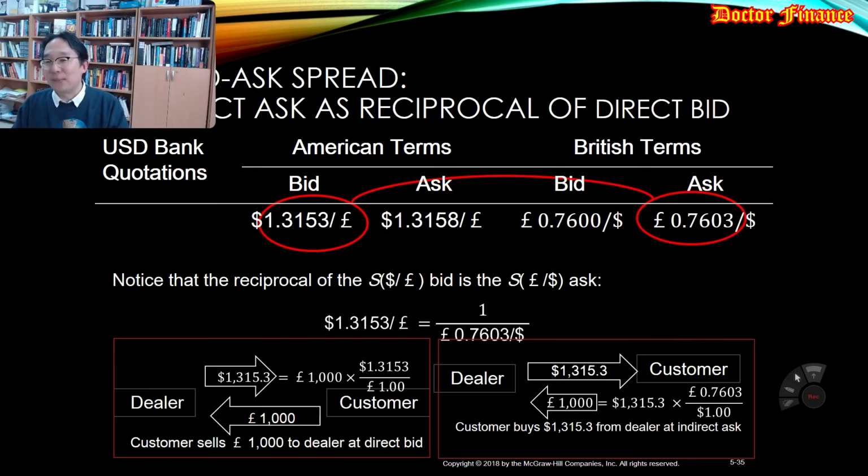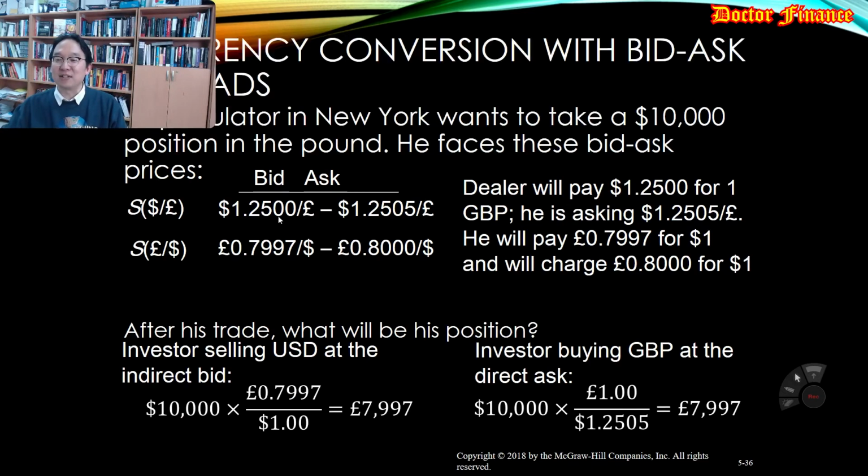But if you take a step back, you will realize that it's a reciprocal relation, right? You as a customer can be seen as a dealer from their perspective. The dealer is buying British pounds from you, and you are selling US dollars as a dealer to that dealer over there. He's your customer, right? This relation takes place.